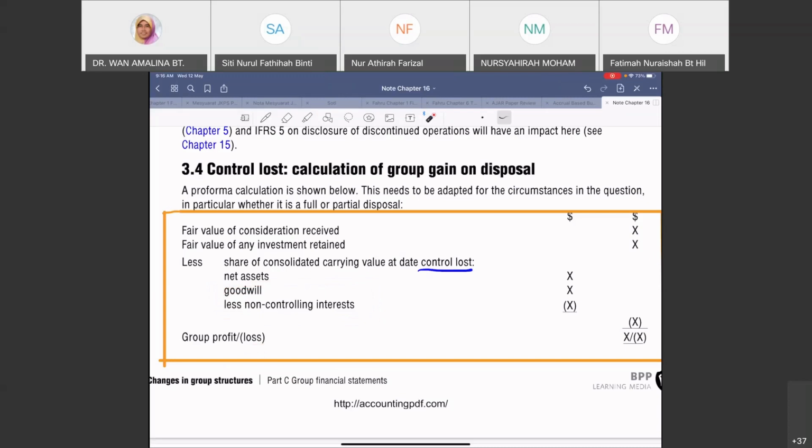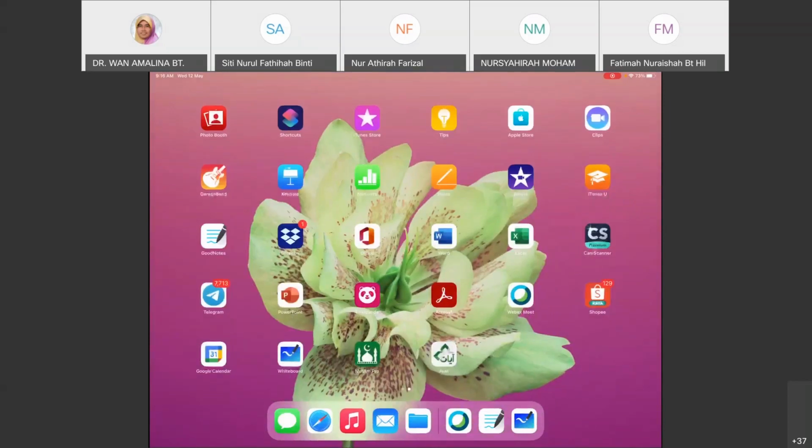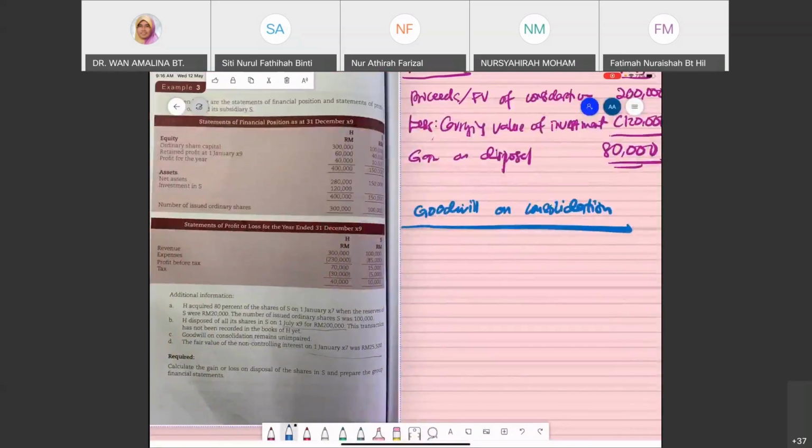So in this case, dalam contoh ni, kita kena kira goodwill on consolidation. Dalam kes ni dia tak beritahu polisinya apa, but contohnya dia tunjukkan dua-dua types, either it is partial goodwill or full goodwill. Okay.